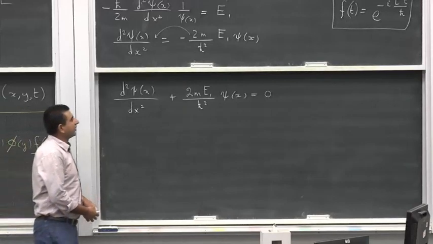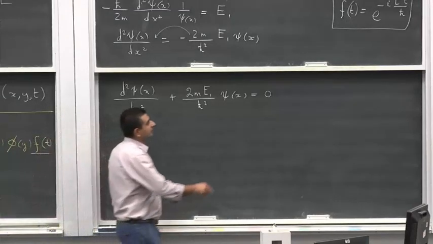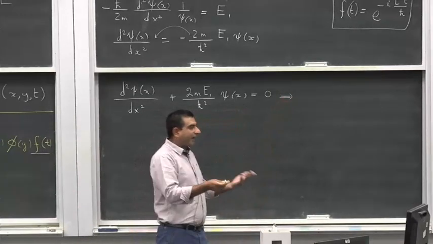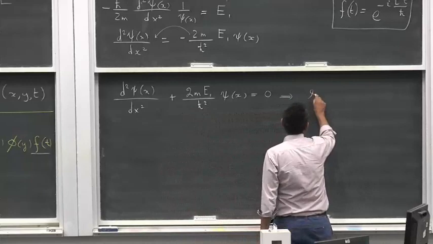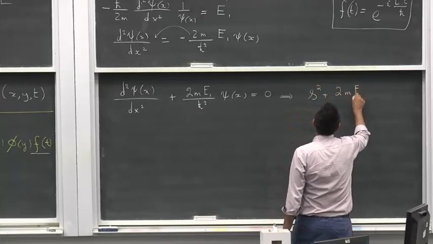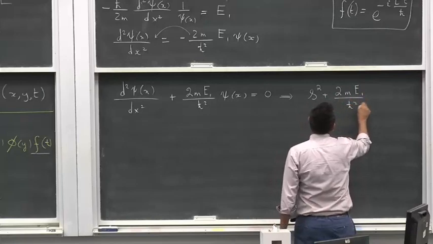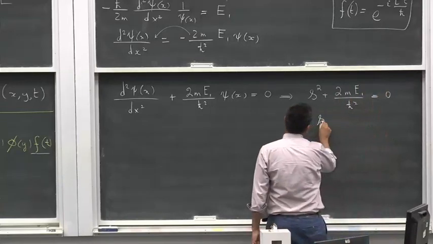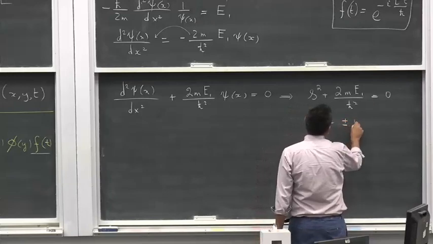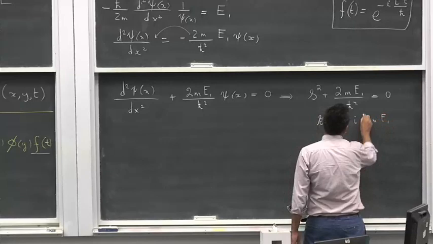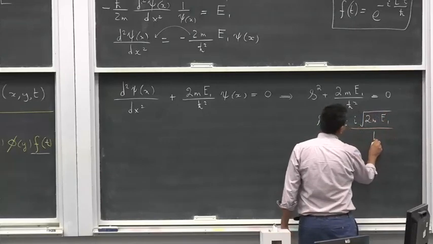Okay? So if I were to solve this equation, once again, I could write down the auxiliary equation as s squared plus 2m E1 over h bar squared equals 0, which means s equals plus minus i times the square root of 2m E1, divided by h bar.